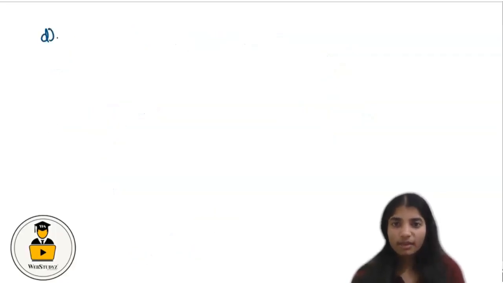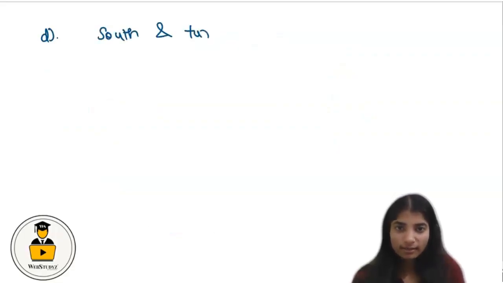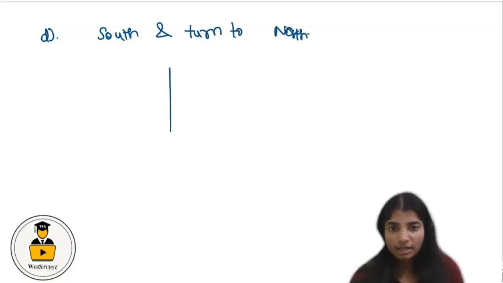In part D, we are given that it is at south and turns to north. We are again not specified about the direction. Let's make this north, east, south and west. It is at south and turns to north.